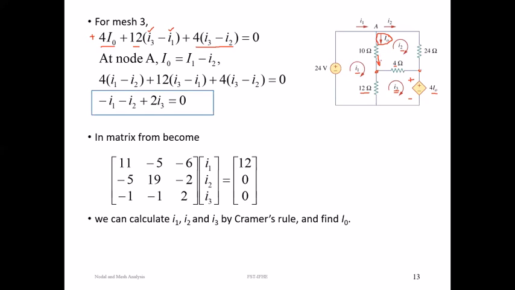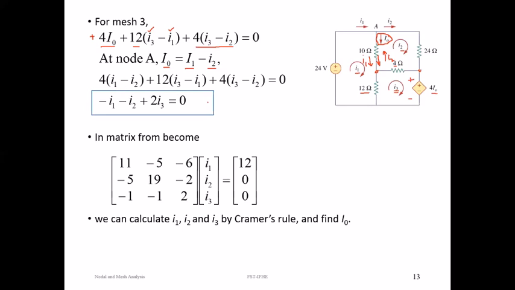I1 is flowing in the downward direction in 10 ohms, and I2 is flowing in the upward direction in 10 ohms. So by observation, we can say the current flowing through 10 ohms, I naught, can be represented as I1 minus I2. So we can replace this I naught in the above equation with I1 minus I2.